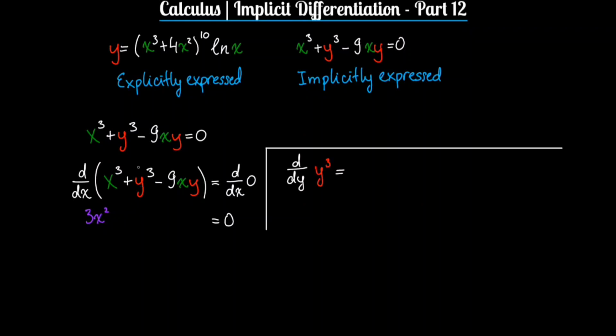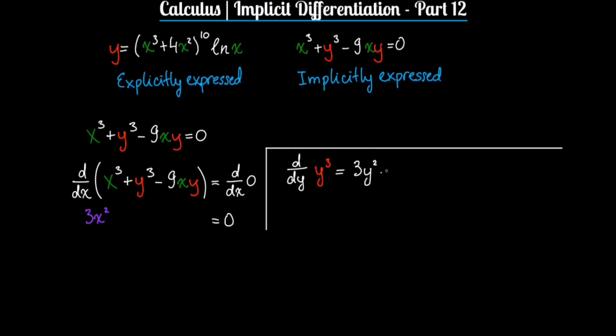Next up, we have the y cubed term, and I wrote this on the right-hand side separately because here we will actually have to use the chain rule on y. But first, we do use the power rule. The derivative here would be equal to 3y squared.